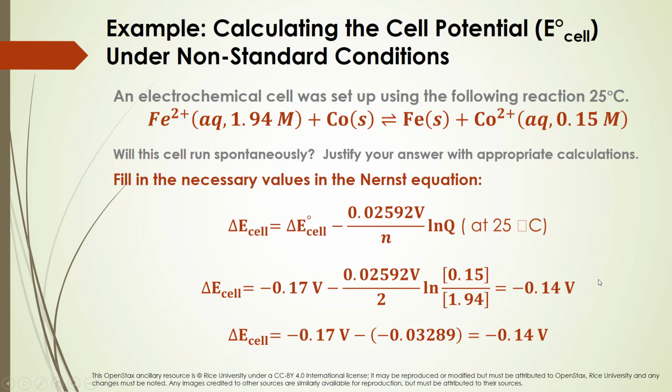When we do that math, we end up with negative 0.14 volts, which is still non-spontaneous. Here it is just showing the second term. This is the value that you get when you multiply all of this together, and it's going to be a positive term. That's how we end up with negative 0.14 volts, which is not spontaneous.